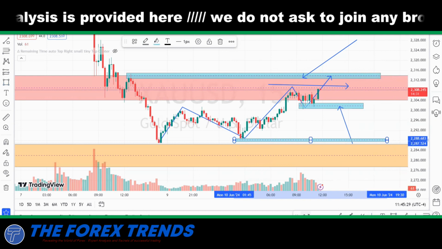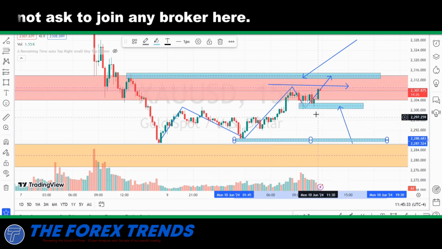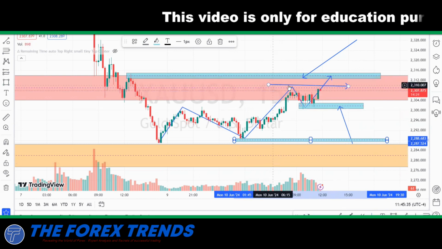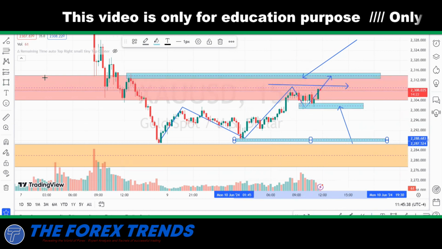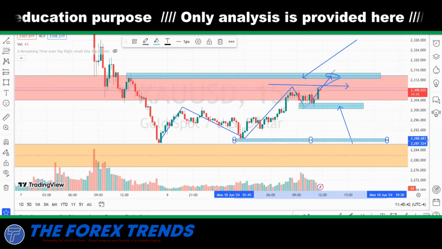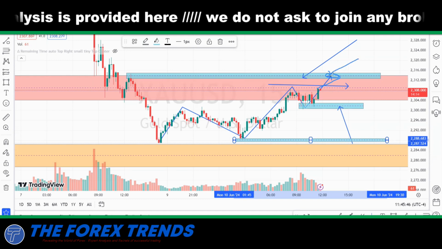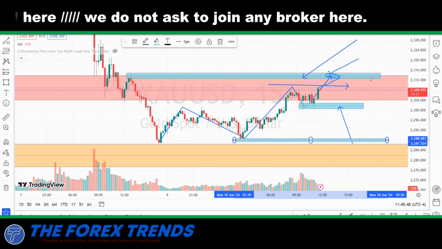Okay, try to understand what our plan is. If the market is able to create a new high from this level to this level, we will initiate a sell from here. That is our first trade setup for today and tomorrow.